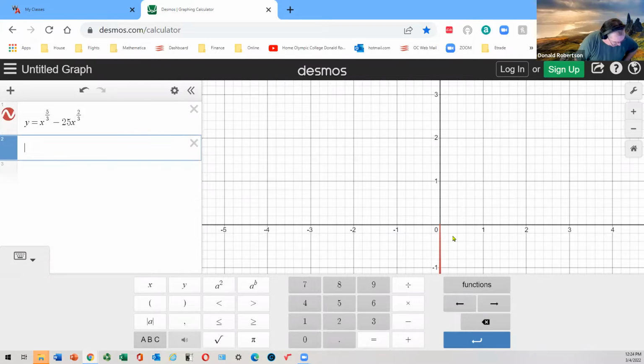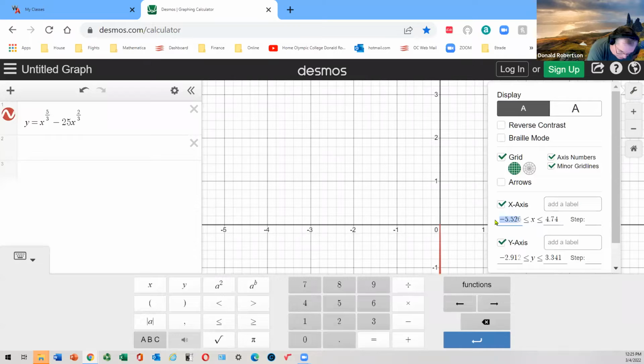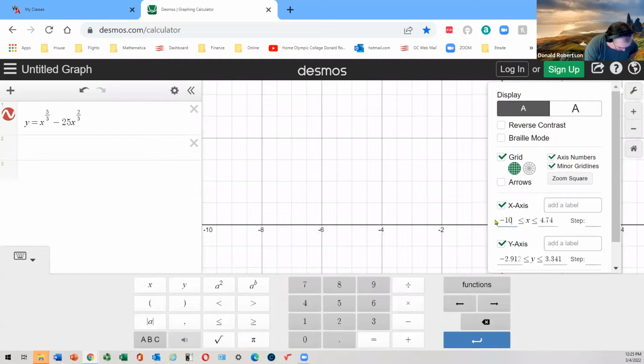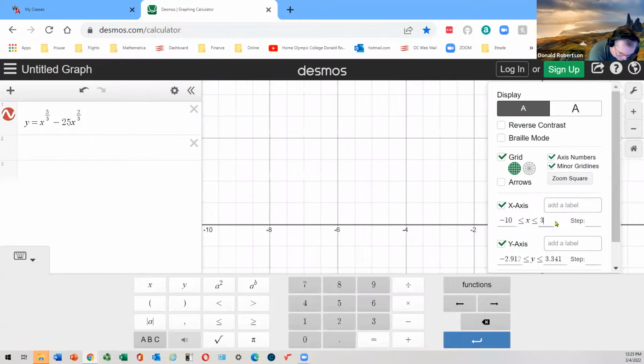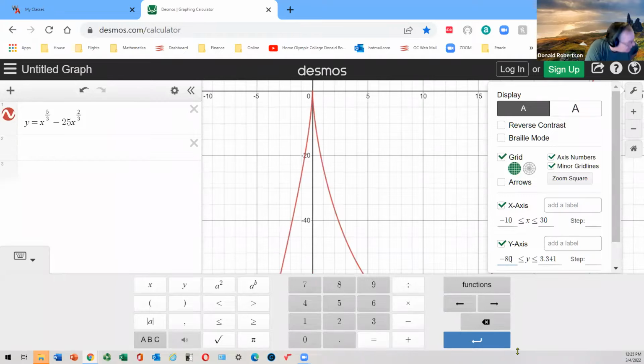That scale, I need to go at least negative 10 to plus 25. So I'm going to say negative 10 to actually a little bit more than 25. Let's say negative 10 to 30. And the y values, well, definitely went down as low as negative 69. So I'm going to make that negative 80. And what does it climb up to? Well, I don't know, let's say 20 there.